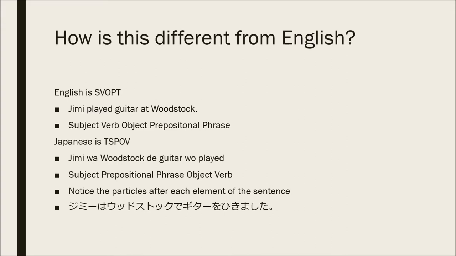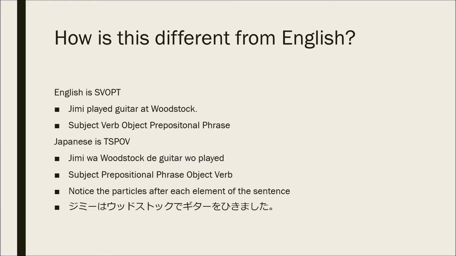So how is this different from English? Well, in English, the parts of the sentence are all in a different order. So I say, Jimmy played guitar at Woodstock. Well, Jimmy's my subject. The verb goes second. And then what he's playing is the guitar, so that's his object. That goes third. And then last comes the prepositional phrase, at Woodstock. But in Japanese, everything gets shuffled.